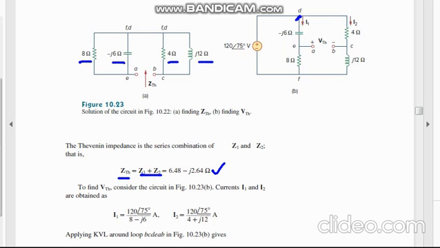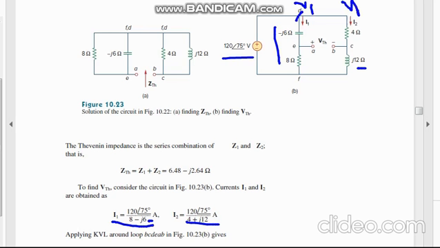So these two currents are the voltage divided by this 8 minus J6 you can see here, and 4 plus J12 as you can see here. If this is the node voltage, it will be V1, and this node voltage will be V2.